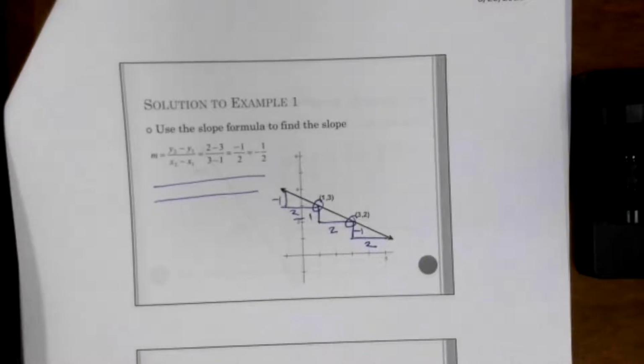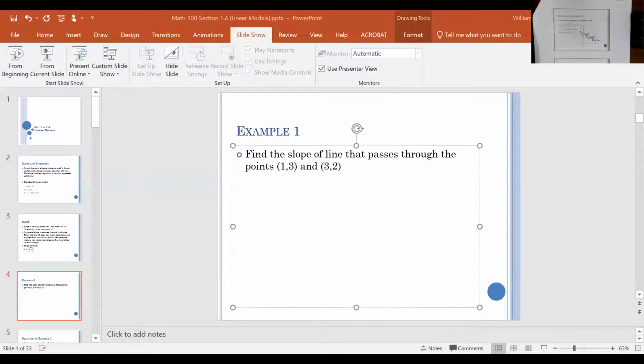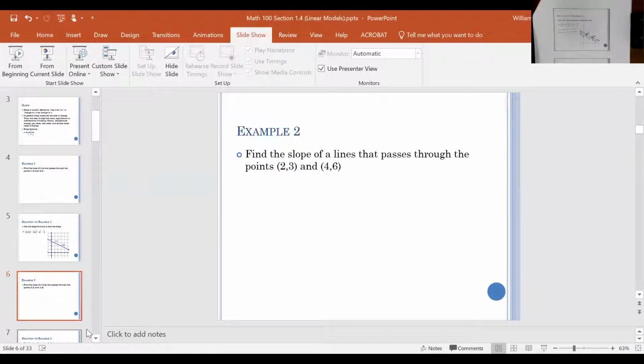Okay, next example. I'm going to go back to the PowerPoint. We're going to find the slope of a line that passes through the points (2, 3) and (4, 6). I will go to the dock camera for a second.